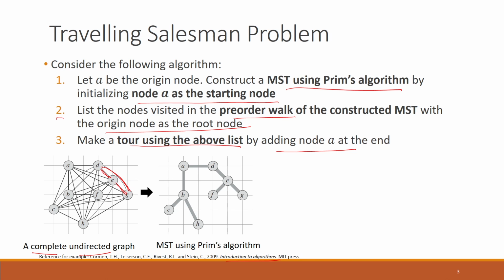Now on this graph, the first thing that we do is construct a minimum spanning tree using Prim's algorithm by initializing node A as the starting node. So we implement this minimum spanning tree here. Let us suppose that in Prim's algorithm we had first selected node A here. Okay. Since this is a complete graph, node A is connected to all the remaining 7 nodes that are shown here.